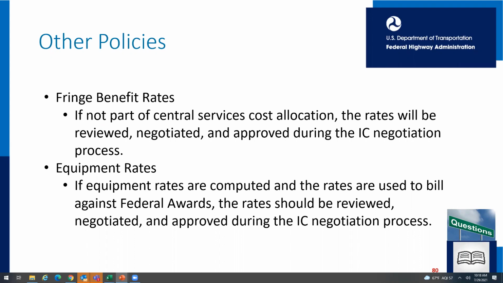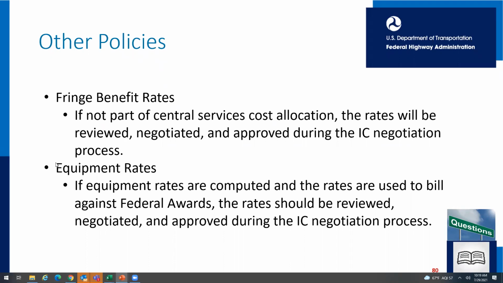An ICAP has to be approved by your Cognizant agency for indirect costs, but also any other kind of allocation methods that you're doing also have to be submitted to the Cognizant agency. So fringe benefit rates, narrative cost allocation methodologies, special rates, and equipment rates.